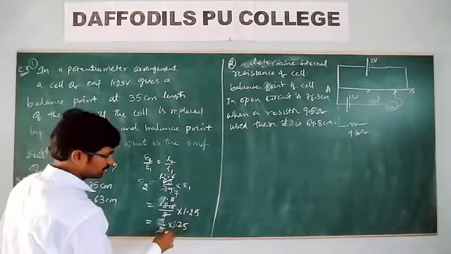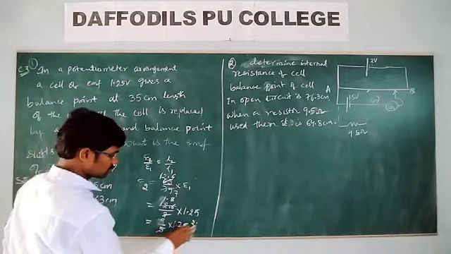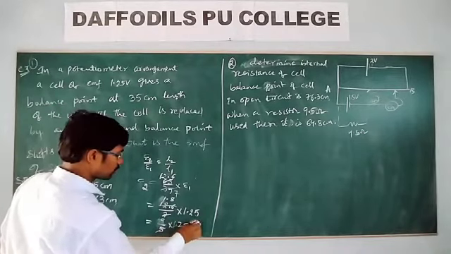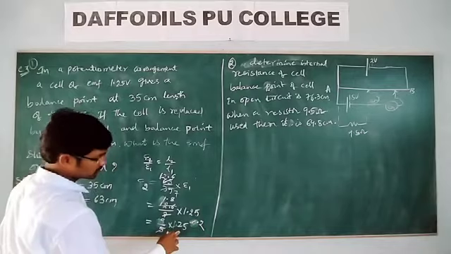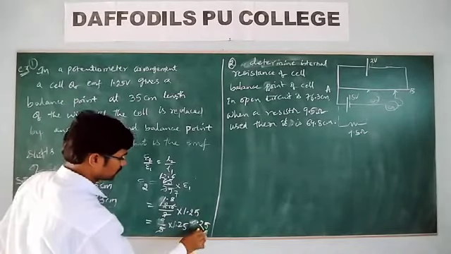Then how many times 5 here? 2 fives are 10, so 0.25.